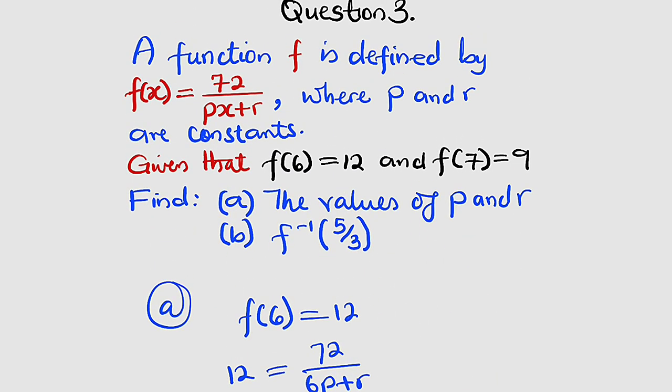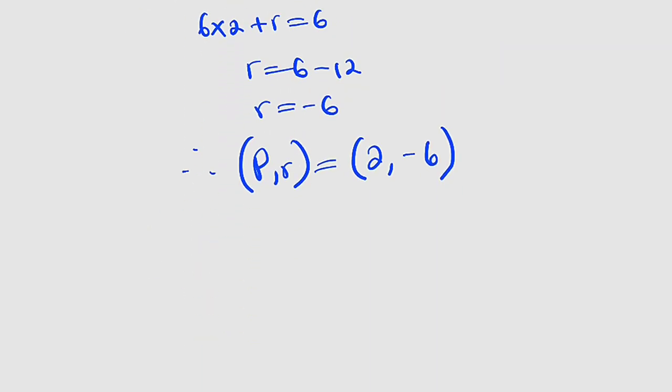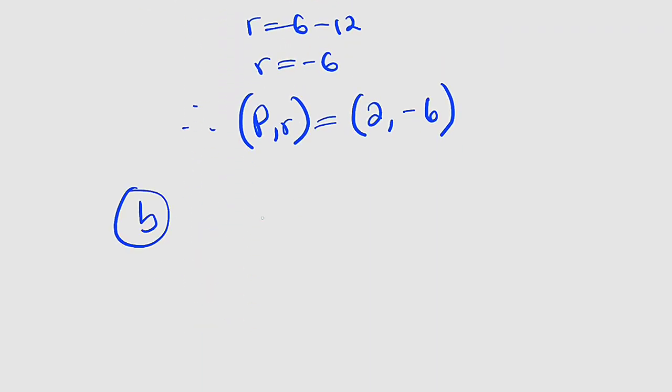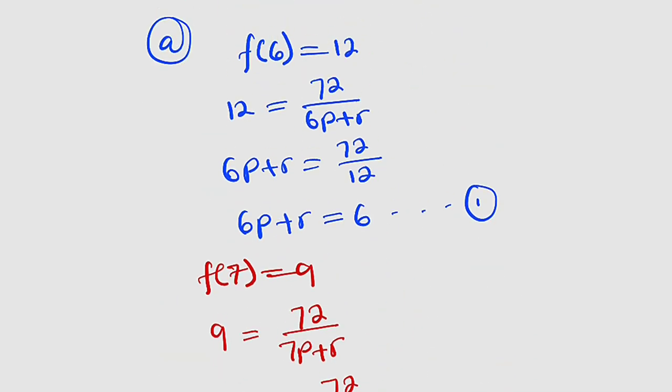Then moving to the B part, we are asked to find f inverse of 5 divided by 3. So what we need to find is what? The inverse of the function. Remember, the function given to us is f of x equal to 72 divided by what? Can I actually remember?